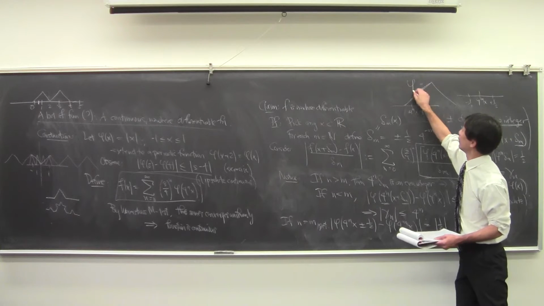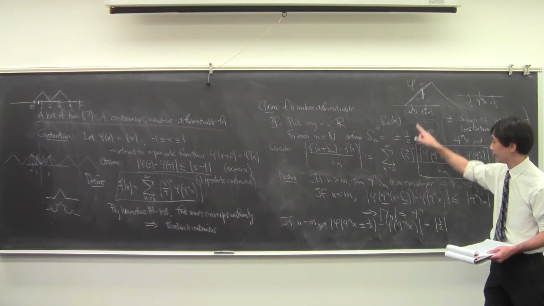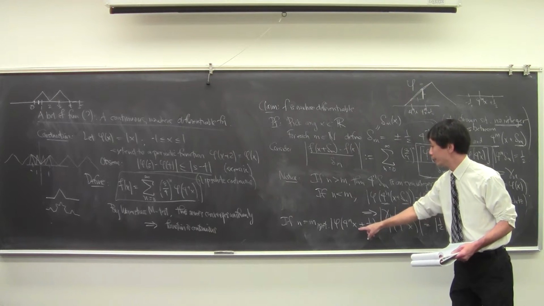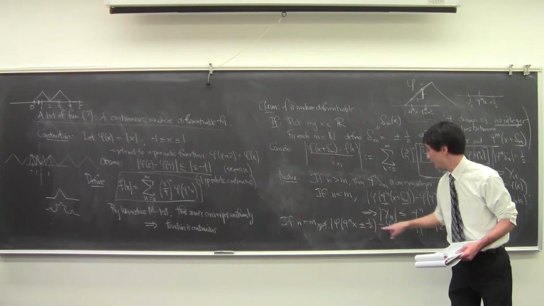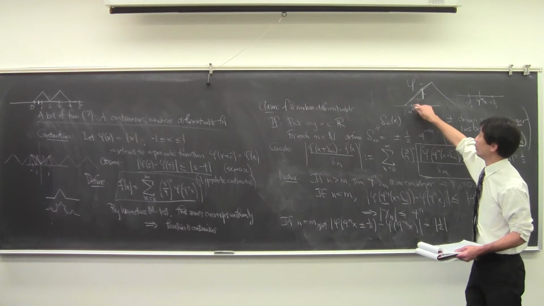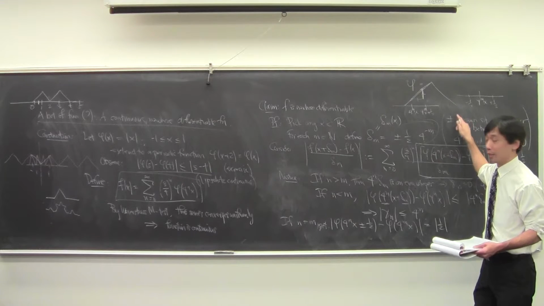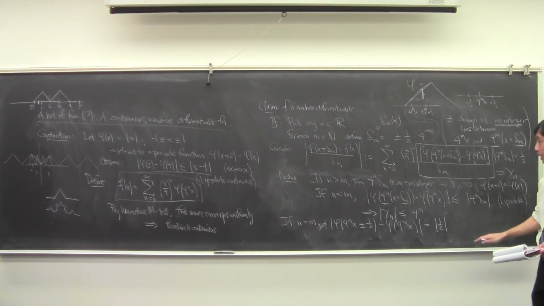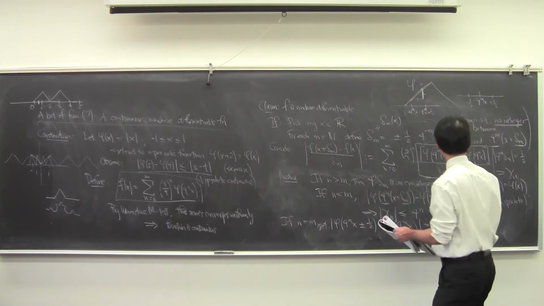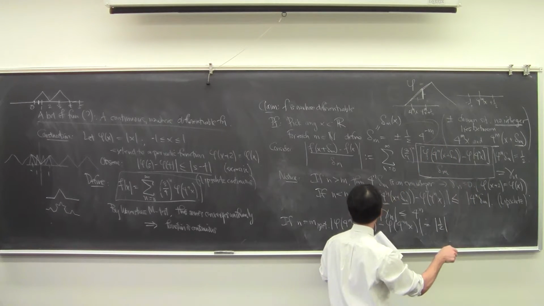Here's our function. Here's our function phi. We know that there's no integer between this number and that number, and so the slope is either positive 1 or negative 1. So the difference is going to be a half. Okay. So then what does that give us?